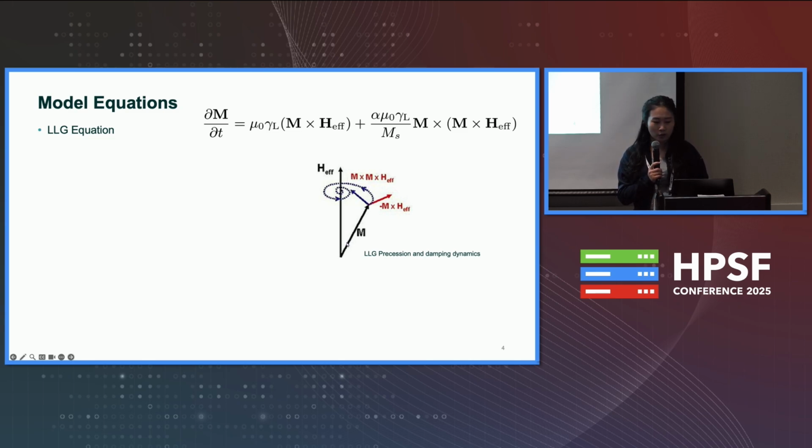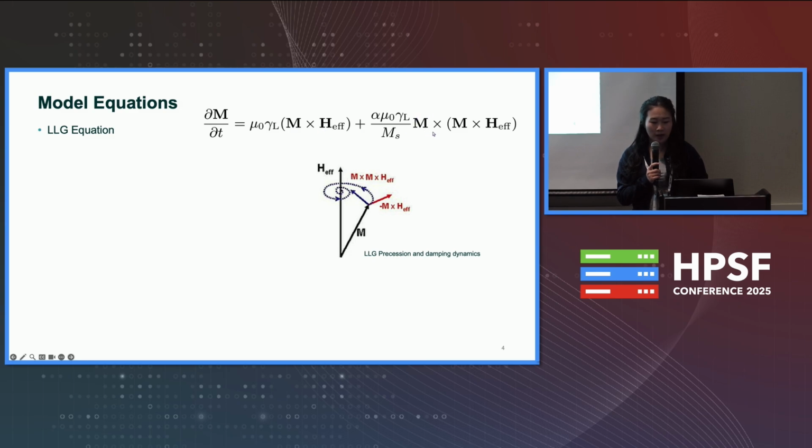If we look at this figure, it's like a pendulum in 3D. This is our m vector pointing in one direction, and m cross H is perpendicular to both m and the precession direction. So that's the first term.